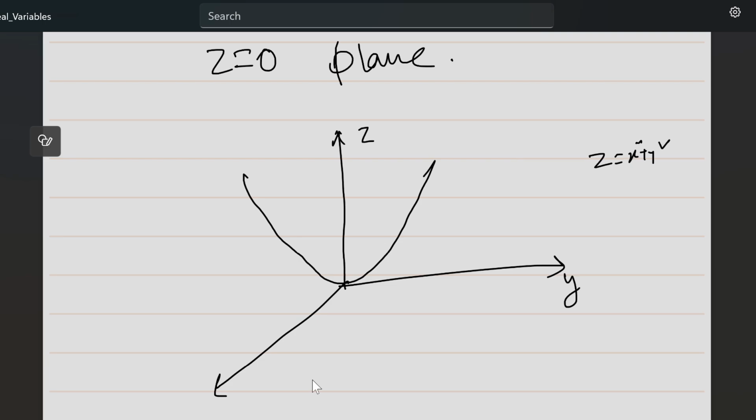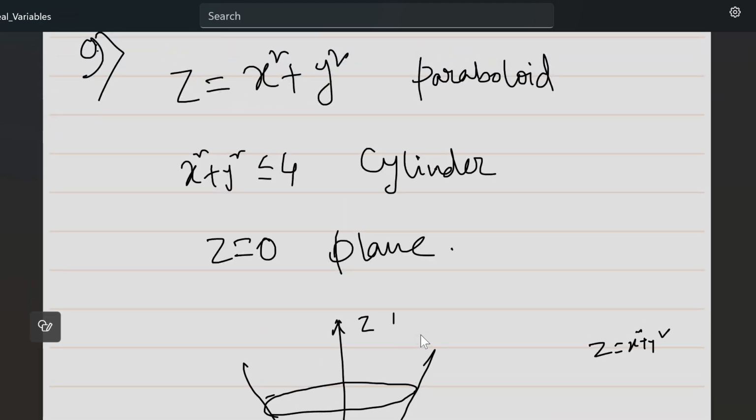That means x square plus y square equal to 4 is a circle here. As z increases, x square plus y square increases, that means the radius will increase. So this is a paraboloid. The z equal to 0 plane means this plane. And x square plus y square less than or equal to 4 means this cylinder. So less than or equal to 4 means all the solid cylinder. It is like this, okay?